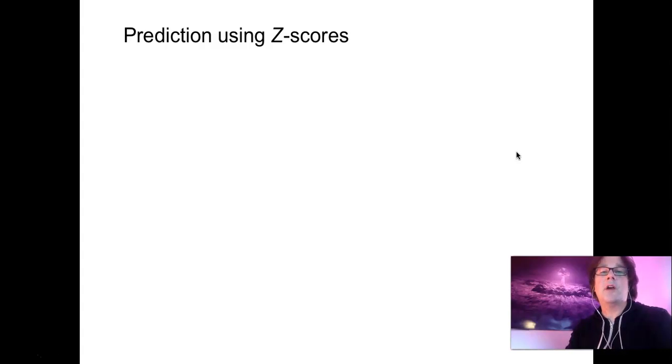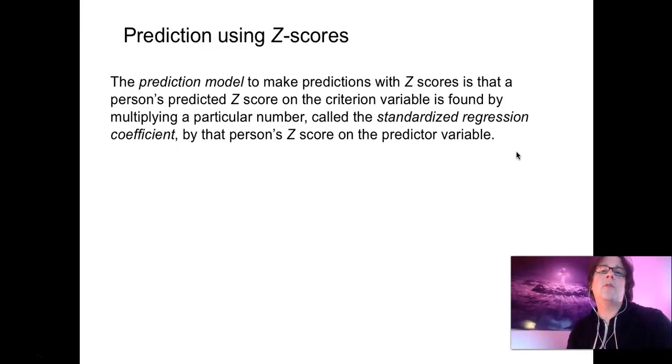Okay, so prediction using z-scores. When we talk about the prediction model, to make predictions with z-scores, a person's predicted z-score on the criterion variable means their standardized score.